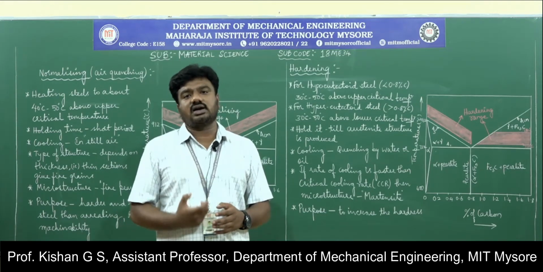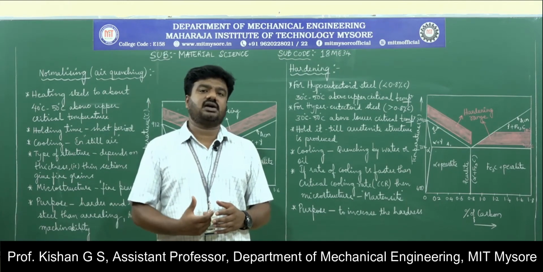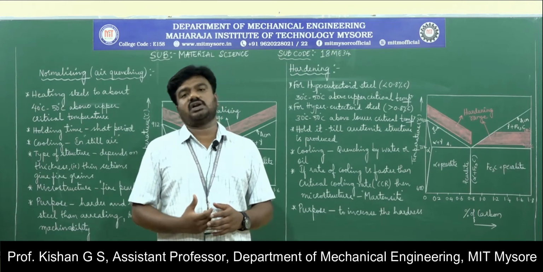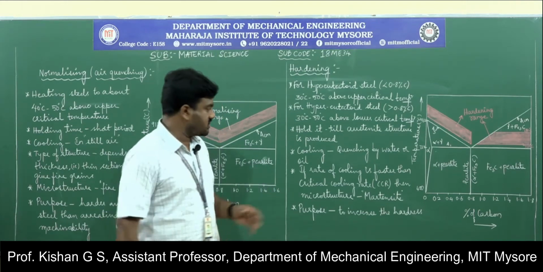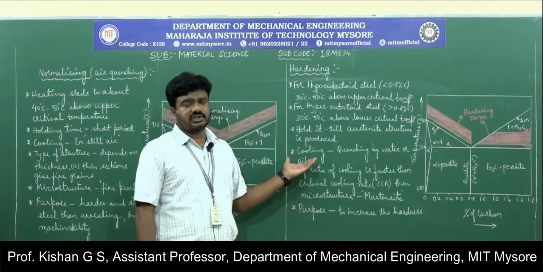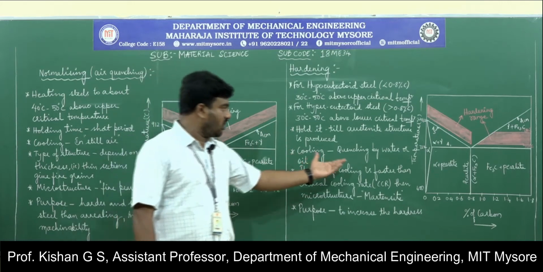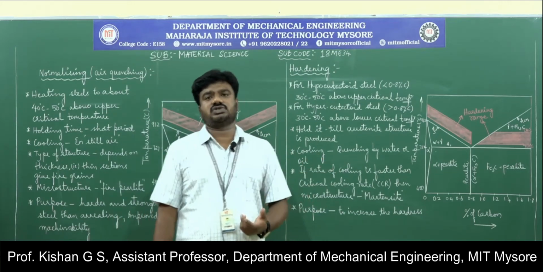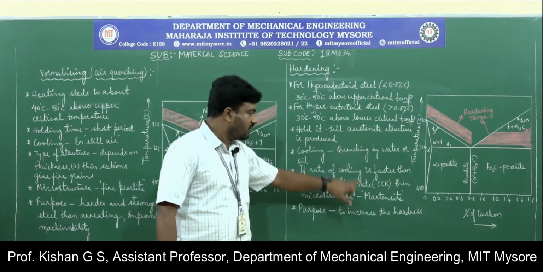Martensite is the hardest structure, possessing a very high hardness compared to the different types of microstructures in the iron carbon system. So if you opt for quenching by immersing the specimen in a water or oil bath, that leads to the development of a structure from austenite to martensite.